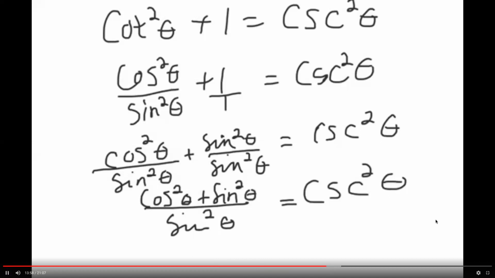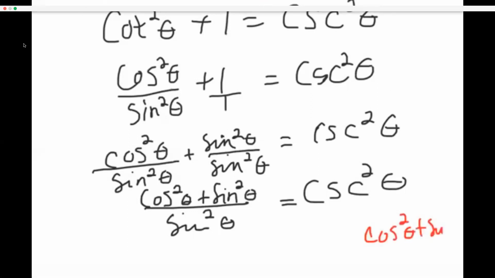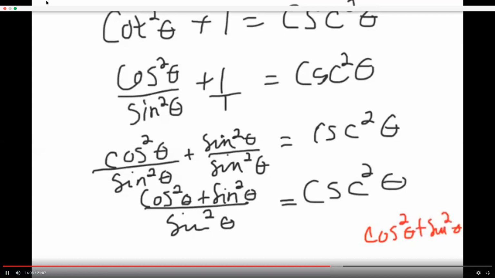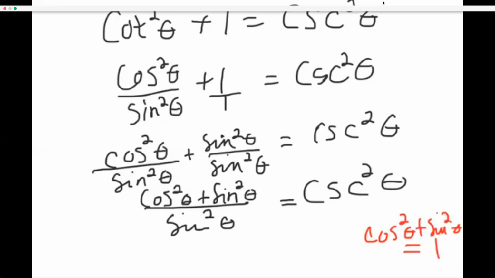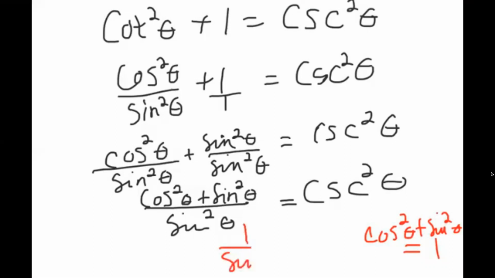Again, here goes that cosine squared theta plus sine squared theta. And what is that equal to again? That's equal to 1. So we're going to have to do our substitution. Go in the numerator, substitute that 1 in for cosine squared theta plus sine squared theta, okay?